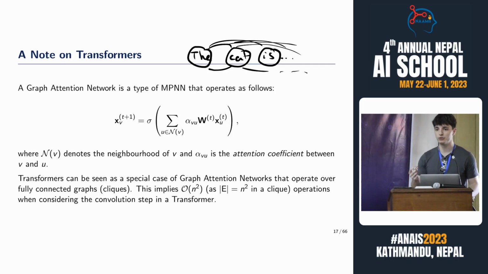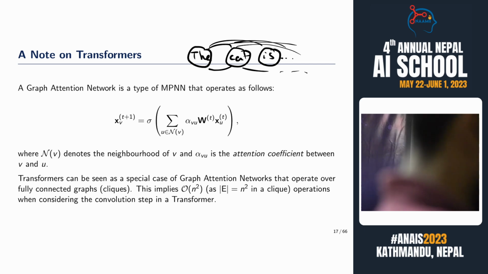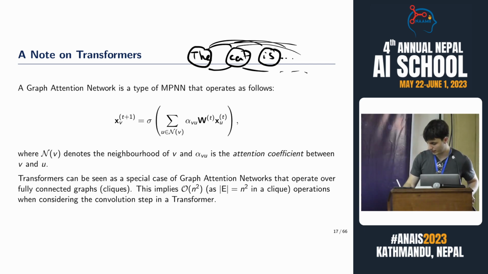But what's very crucial here is that transformers, the very most traditional transformers, are a special case of this graph attention network that you recover when the graph is fully connected. As an example, if a transformer operates over sequences, you could run a transformer on the embeddings of these words.